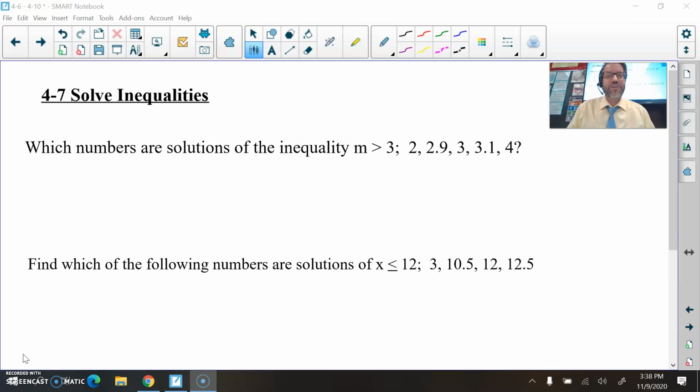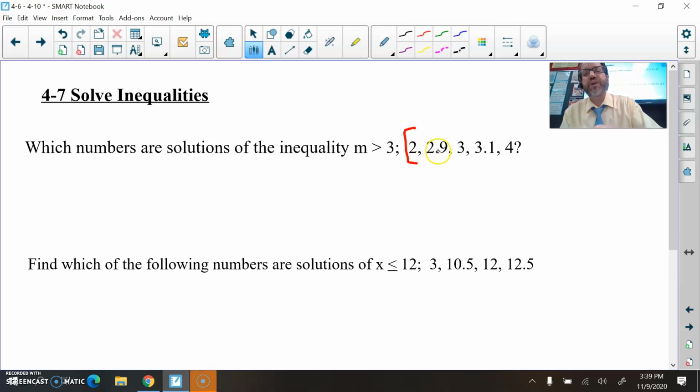All right. So, anyway, solving inequalities. Which numbers are solutions of the inequality m is greater than 3? Well, it sounds to me like any number that is larger than 3 would be a solution to this inequality. So I have a list of some numbers here that I can test.